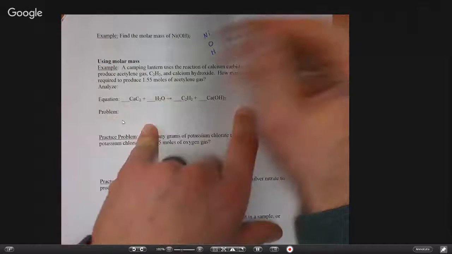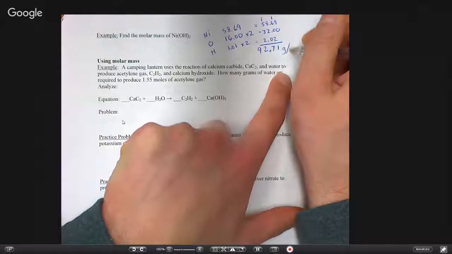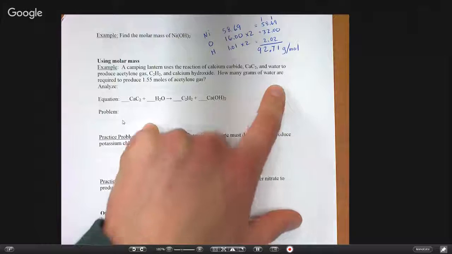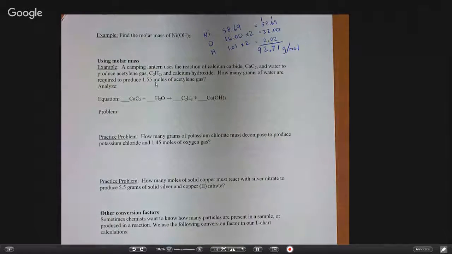So the molar mass is going to be 92.71 grams per mole. So remember, molar mass, we said, is the mass per mole of the substance.